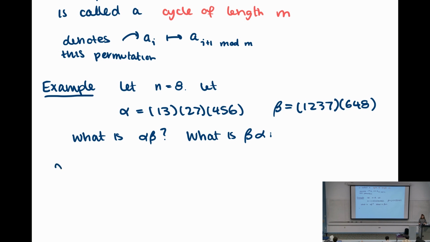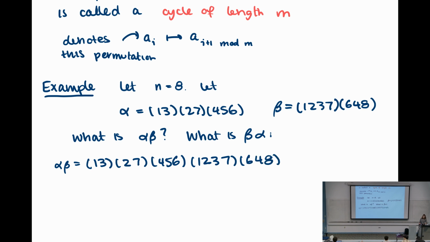So alpha beta, what I'll do to start with is just write out all of the cycles at play. So first I'm just writing alpha, and then I'll write beta. And I could leave it like this, but typically you want to reduce expressions like this down to a product of disjoint cycles.